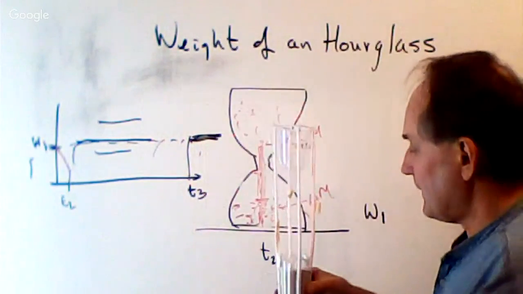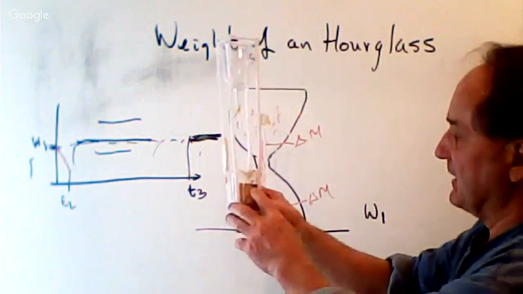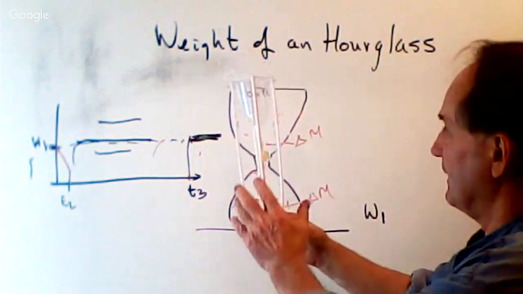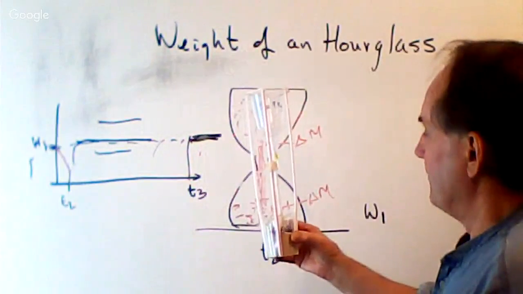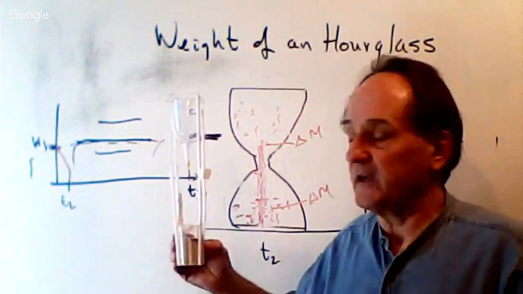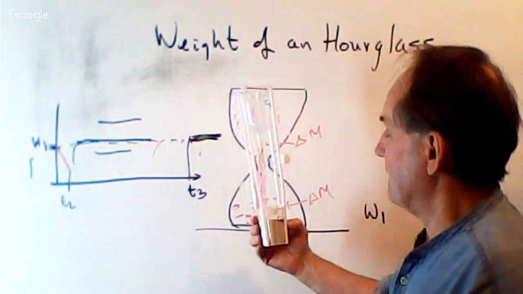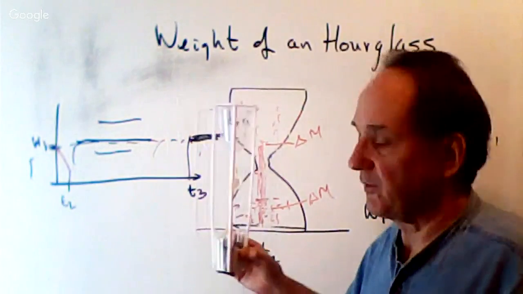And there's a certain flow rate that I have with this particular sand, and I'll be using this to test my equations, my analysis, to see if my analysis agrees with reality.